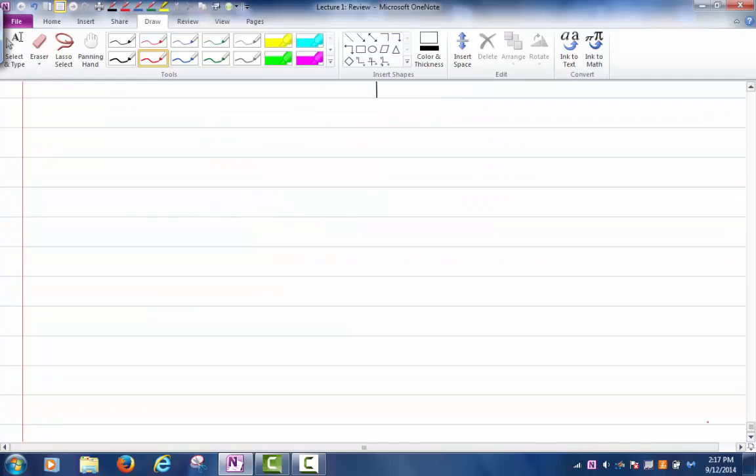Let's see why. Suppose I have a curve like this, and then I have this point here, and I'm going to make a tangent line here.